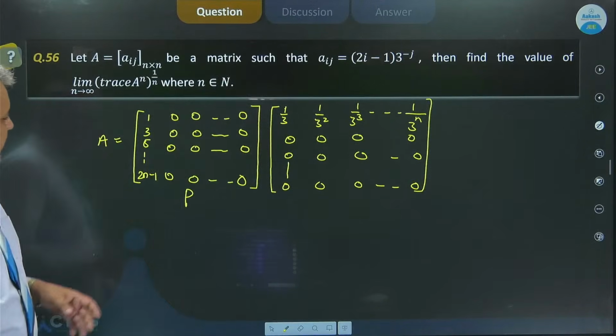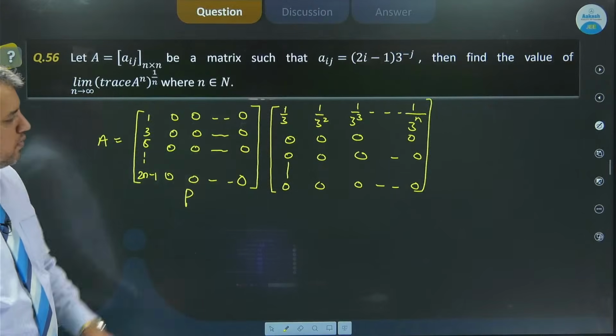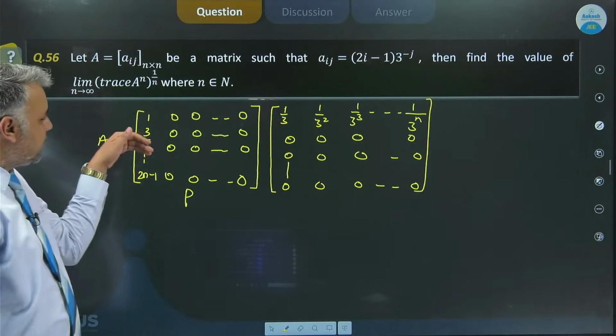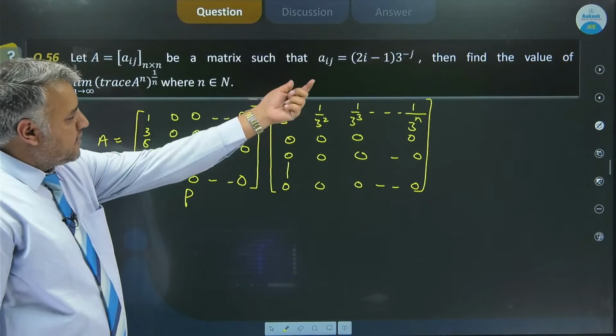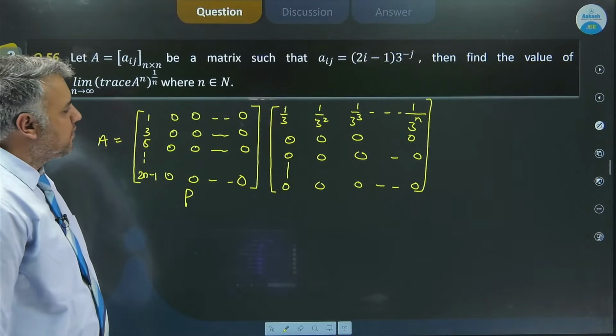Now if you say that A is P into Q, if you select any ith row, jth column, then you will get Aij is equal to this.